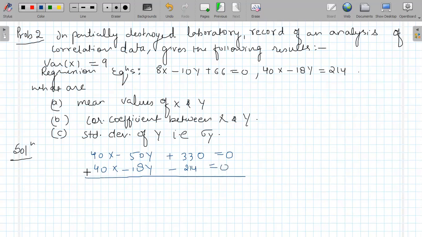So subtracting these two, we get minus 32 here, and here we have plus 116, so that y is equal to 116 divided by 32.